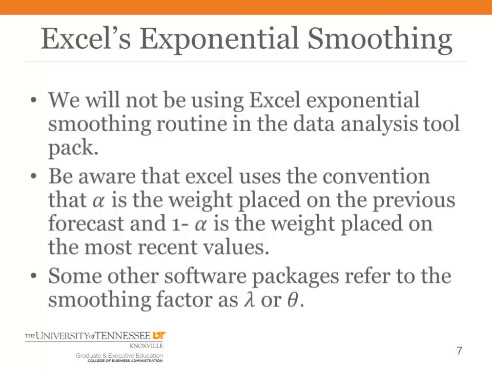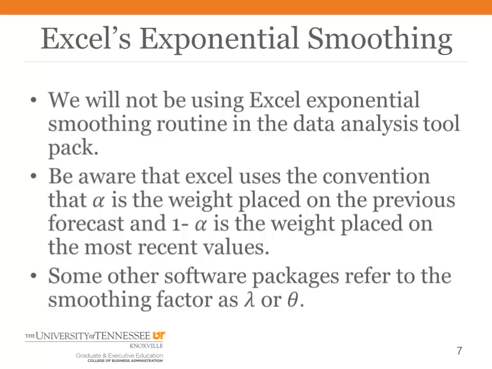The second point that I want to make is that the notation is not standard. Excel, for example, uses the convention that alpha is the weight placed on the previous forecast, and 1 minus alpha is the weight placed on the most recent values.